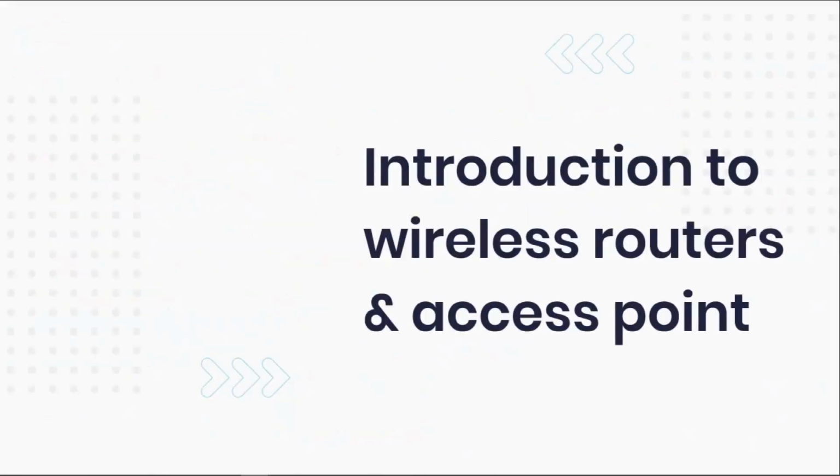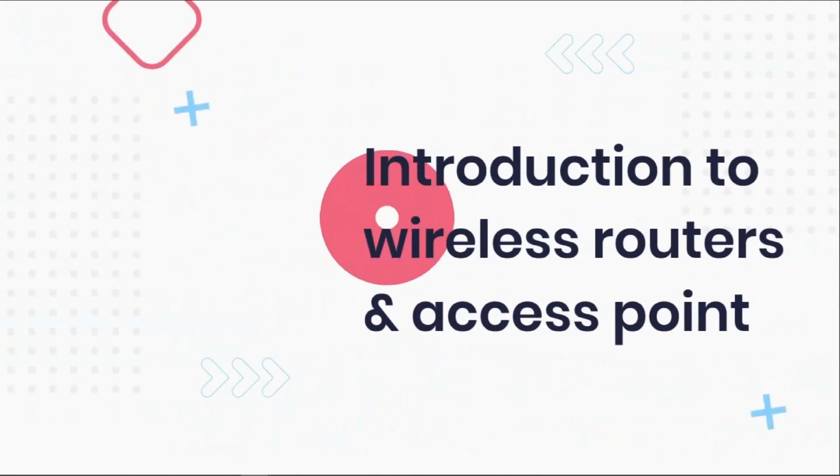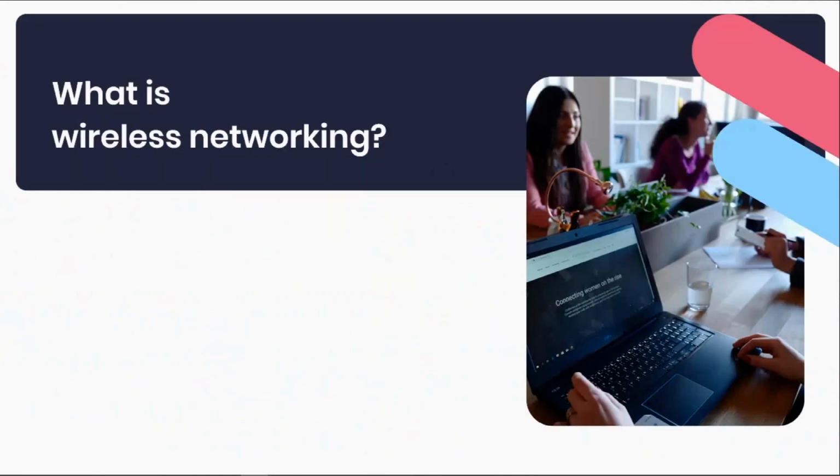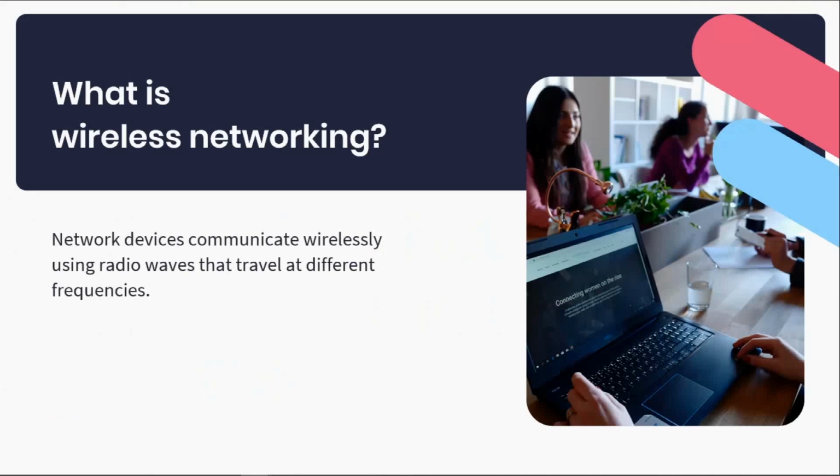Let's dive right into the first section of this lesson by introducing you to wireless routers and access points. Wireless networking is when network devices communicate wirelessly using radio waves that travel at different frequencies. And these frequencies are captured by a wireless adapter.